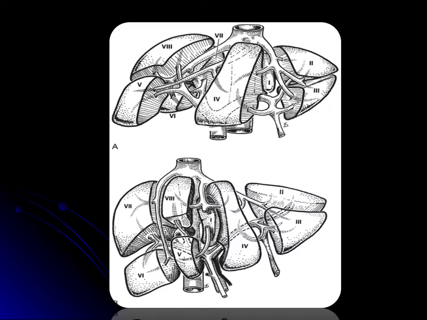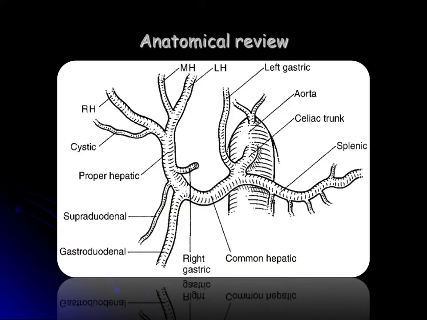Depending on that, each segment is supplied by the hepatic artery and the portal vein, and drained by the bile duct and also by the hepatic vein. The arterial supply comes from the aorta, giving the celiac trunk, giving the splenic artery, then the left gastric artery, then passing as the common hepatic artery.